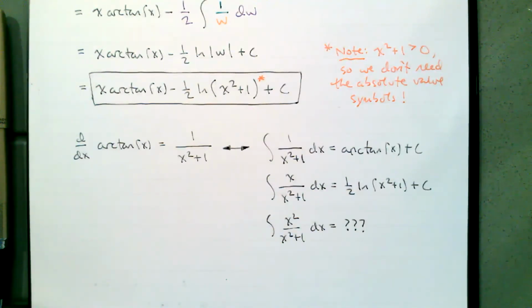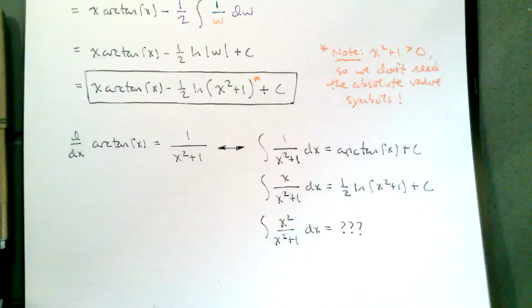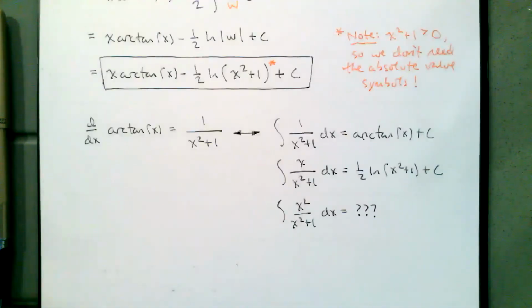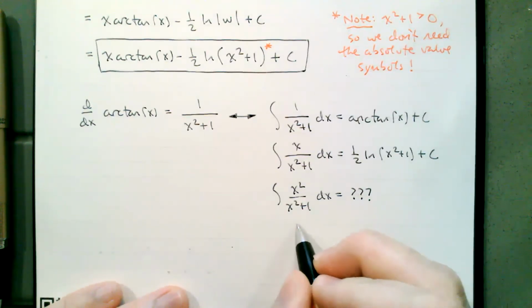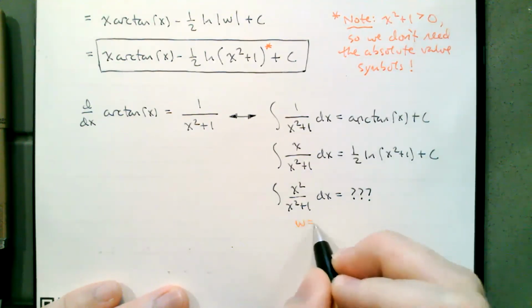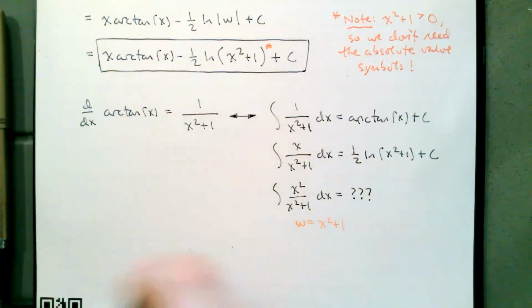We could try a substitution, but if w is equal to x squared plus 1, then I need one factor of x to be the dw, but there are two factors of x. So that substitution, we have too much stuff going on. So the substitution w equals x squared plus 1.